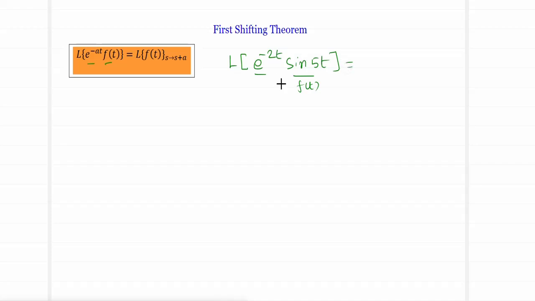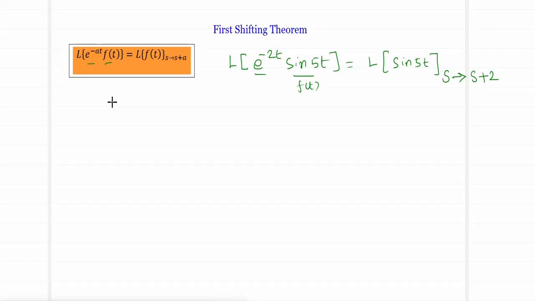What this exponential function does is compute the Laplace of sine 5t, and the answer, which contains s, is shifted by how many units? S plus 2 units, because there is a minus sign here, so it moves to plus 2 units.